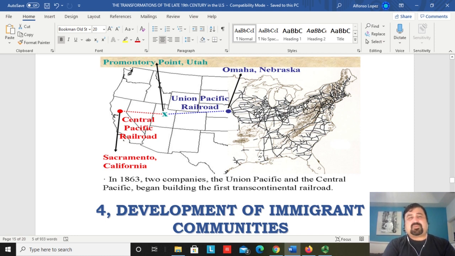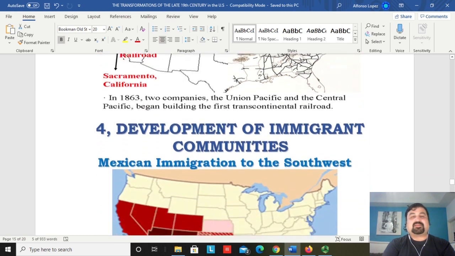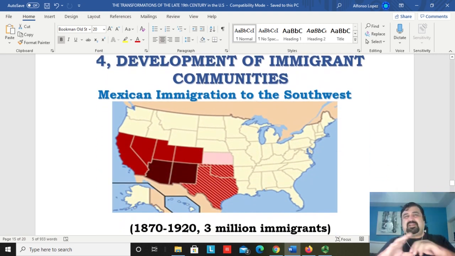Again, this is Promontory, Utah, where the Union Pacific, which was building the railroad west from Omaha, Nebraska, met the Central Pacific Railroad, which was building the railroad from Sacramento, California, moving to the east, and those lines met there. And now we have the entire United States interconnected. This is historical.